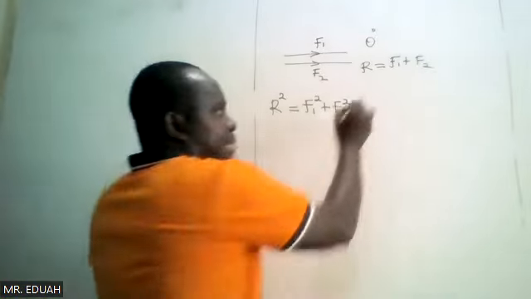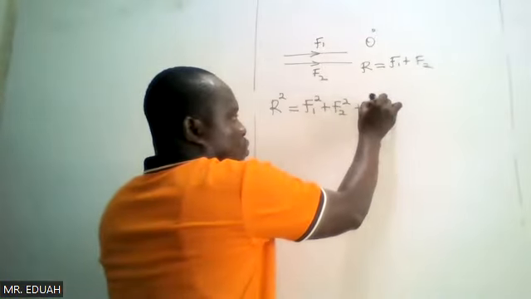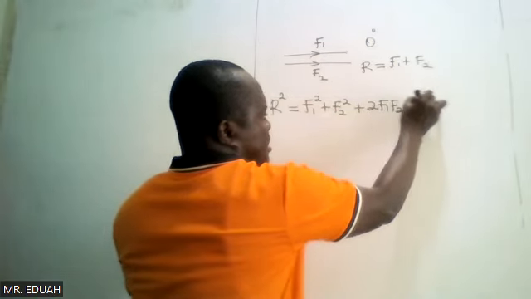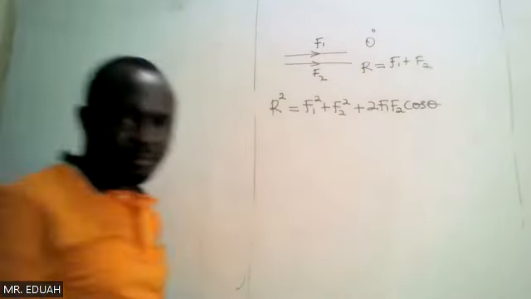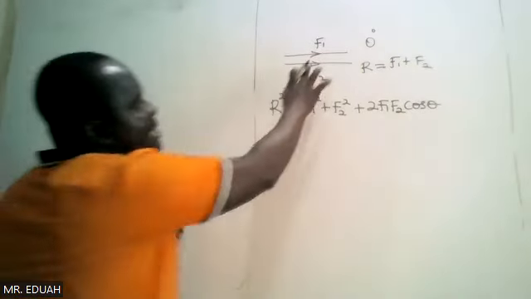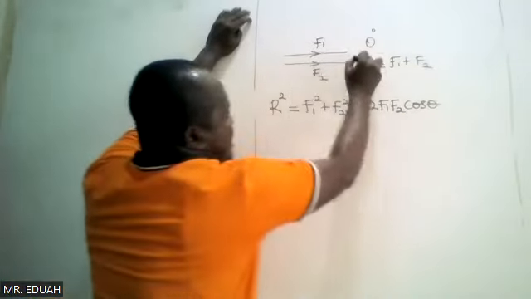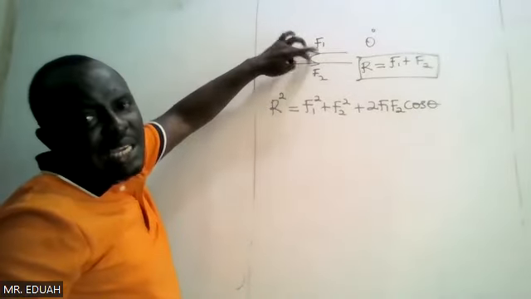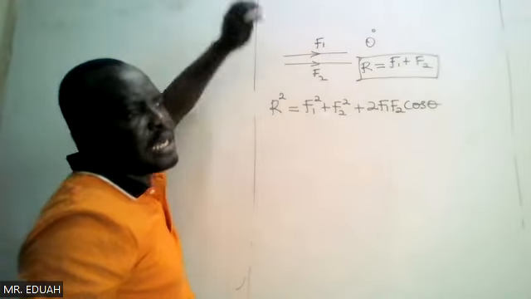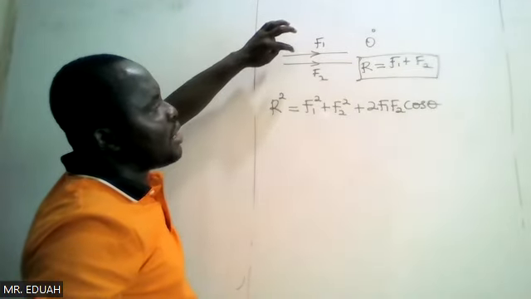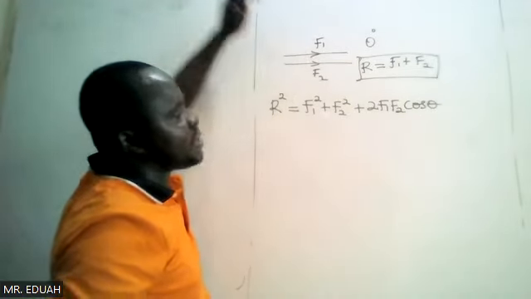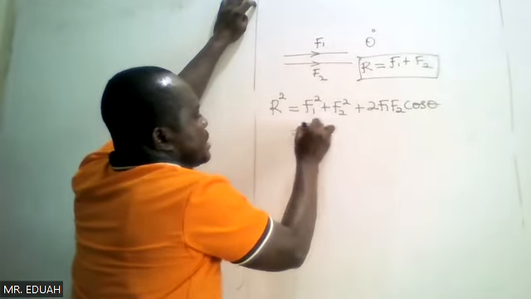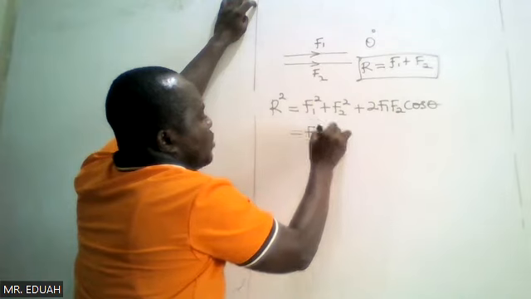If you are using theta, plus 2F1 F2 cos theta. Now, because these two, if I want this, all that I do is that what is the direction of this? The direction of the angle between the two forces, 0. So substitute theta for 0.